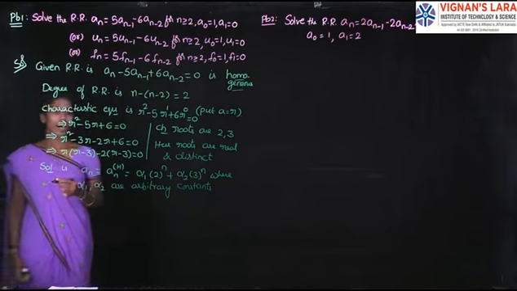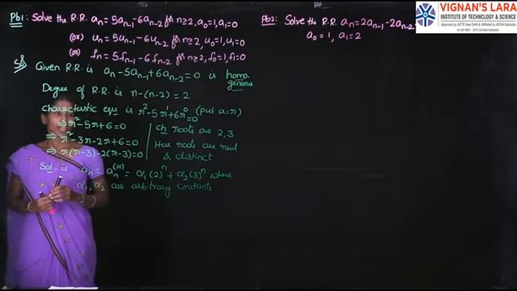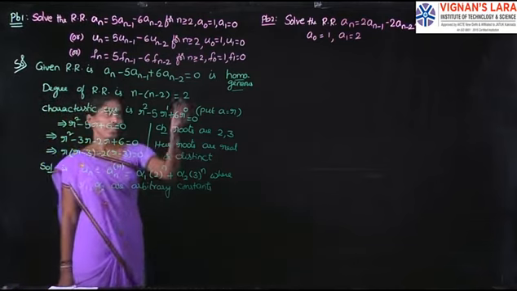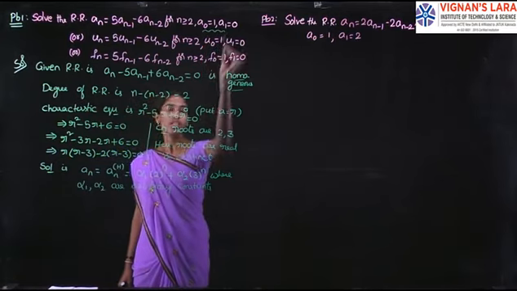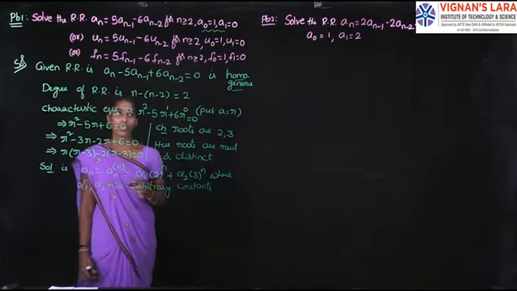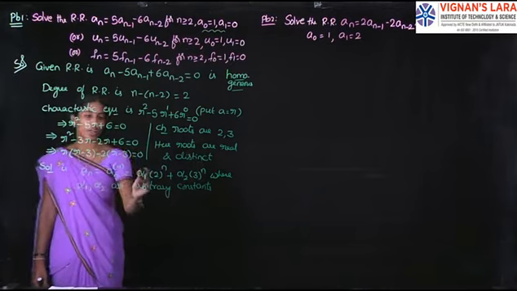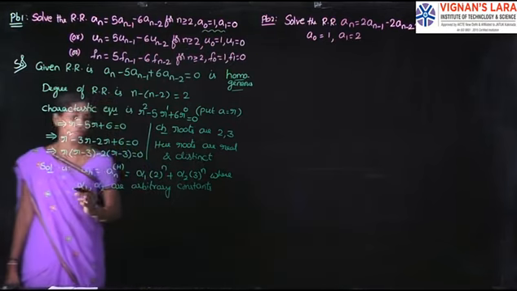Both are arbitrary constants. Now using the given initial conditions, these two conditions are called initial conditions, using those two, we need to find out alpha 1 and alpha 2 value.